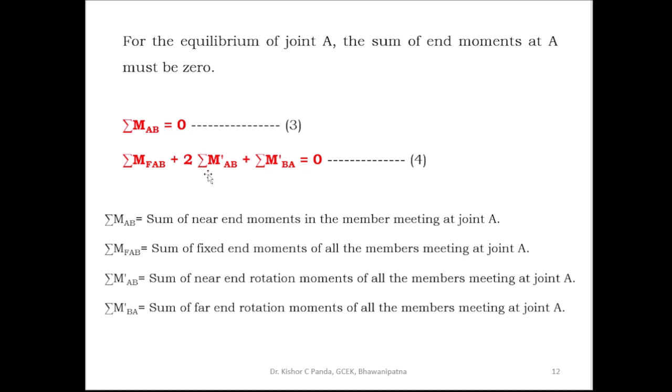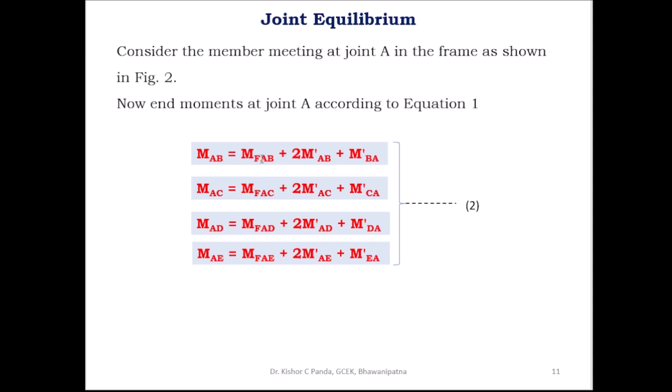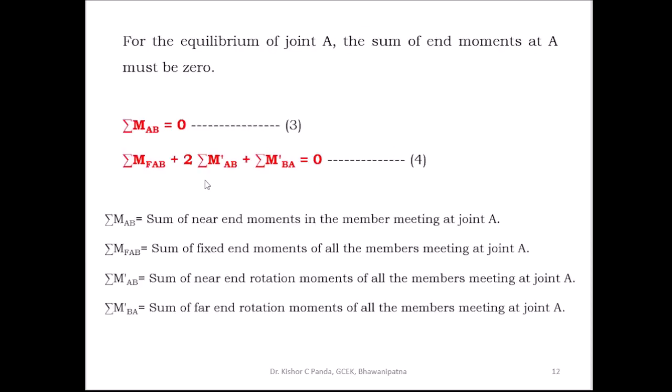Now you know MAB is equal to MFAB plus 2 M dash AB plus M dash BA. So here you have to take the summation of these moments: summation of MFAB plus twice summation of M dash AB plus summation of M dash BA is equal to 0. So this is expression 4.